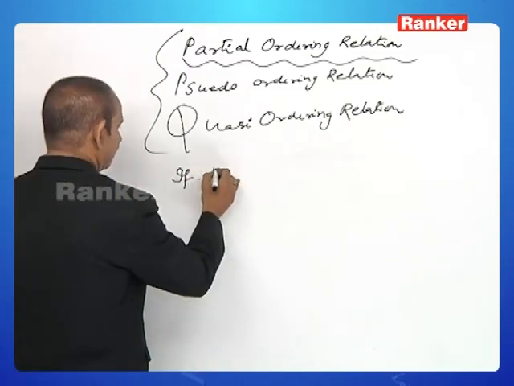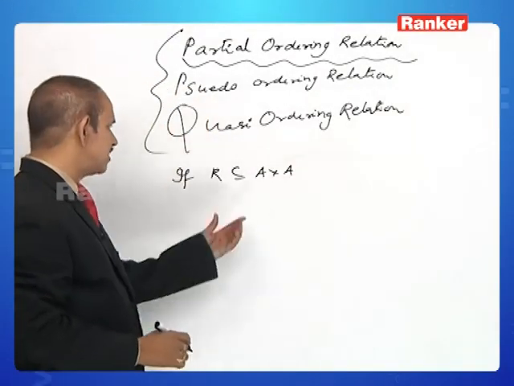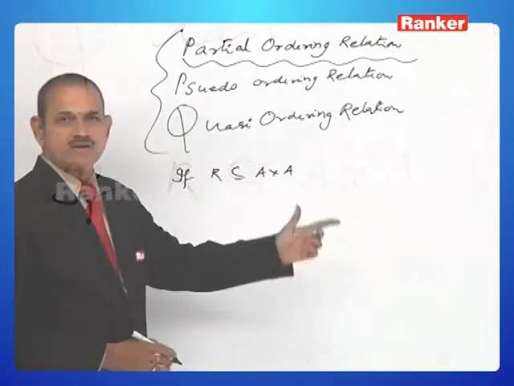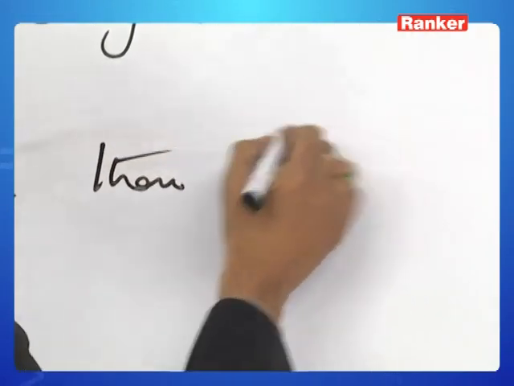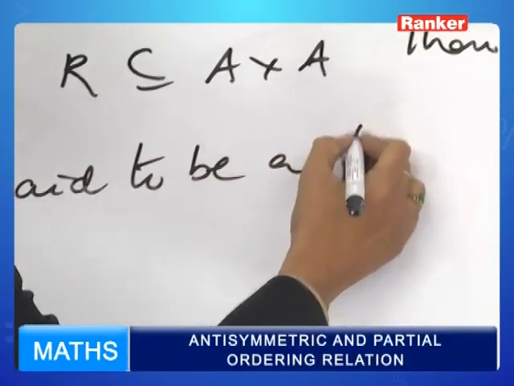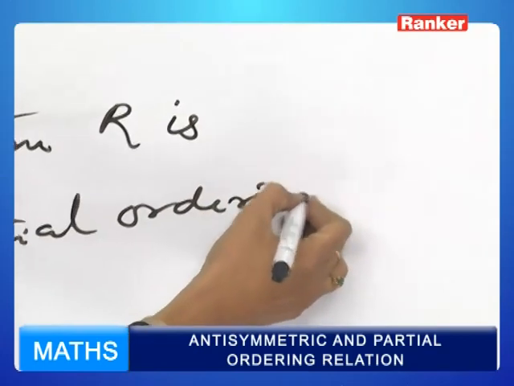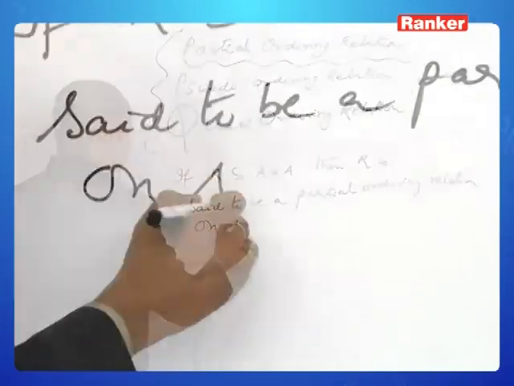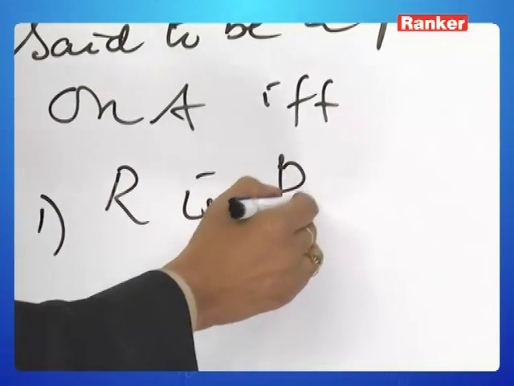If R is a subset of A cross A, where A is a non-empty set, what is the meaning of that? R is a binary relation on A. Then R is said to be a partial ordering relation on A if and only if, number one, R is reflexive.